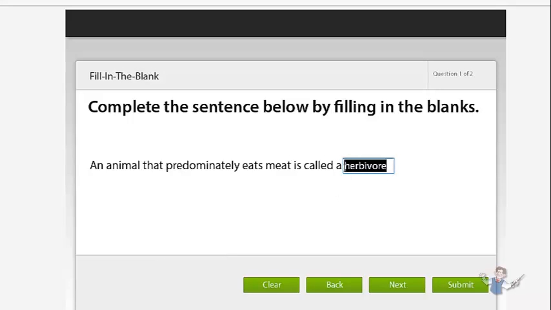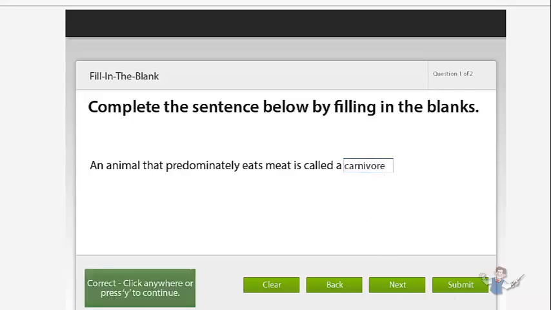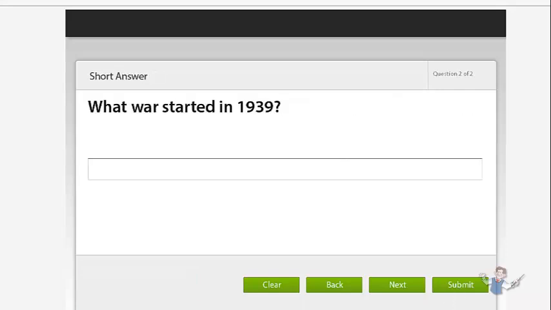So let's try again by putting in the correct answer as we know it and click submit, and it goes correct. Well done. Click anywhere or press yes to continue. And we progress on to the second question. What war started in 1939? Now if we wrote in here just the number 2, for example, and click submit, it'll say try again.